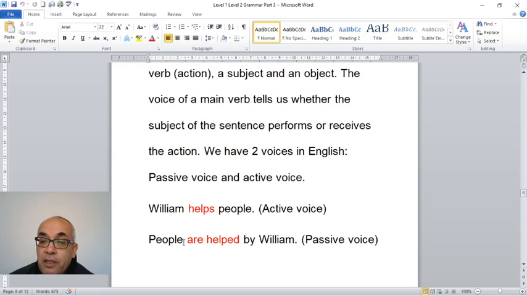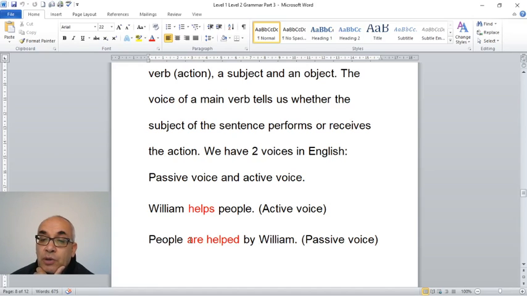If you look at this sentence, people are helped by William. Again, are helped is passive voice. It shows the relationship between people and William. In this sentence, the word people is the receiver of the action, and William is still the performer or the doer of the action.